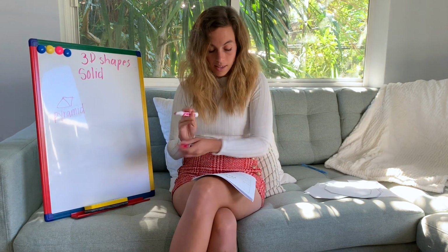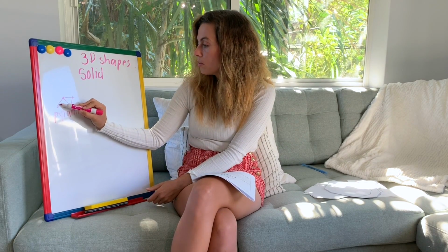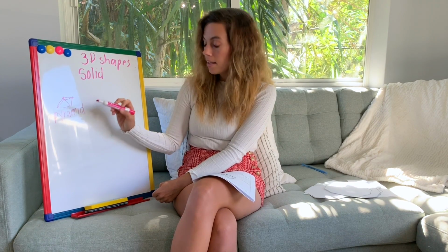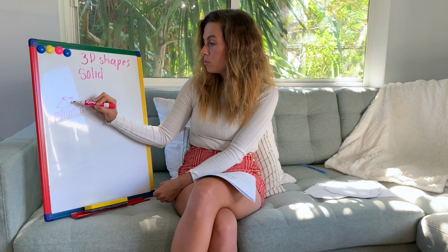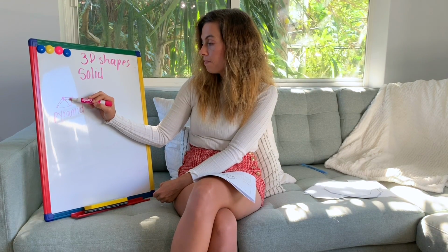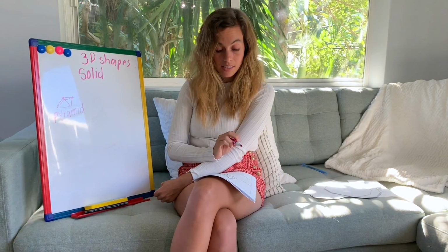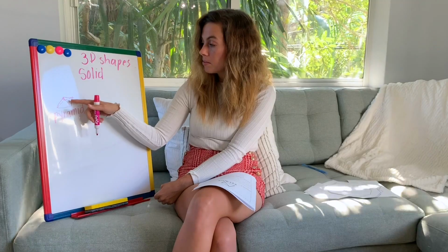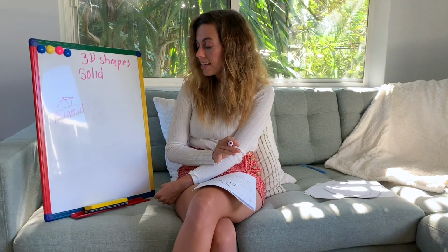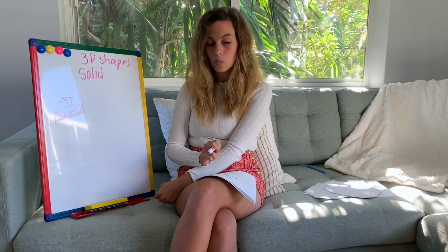If we were to look at this, it has 1, 2, 3, 4, 5, 6, 7, 8 sides, and on some sides there are triangles, and then the bottom piece is a square.